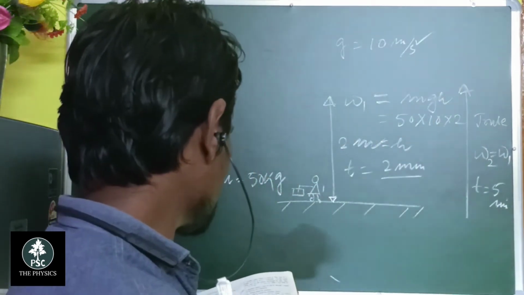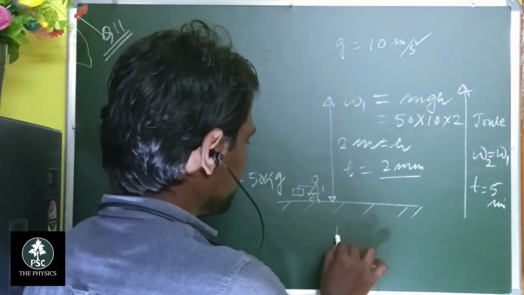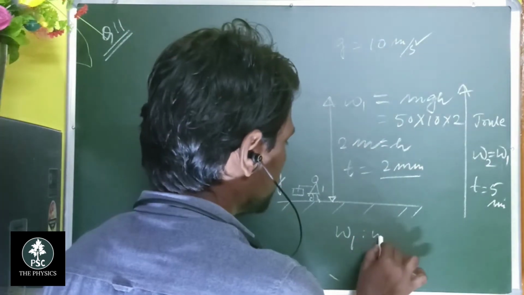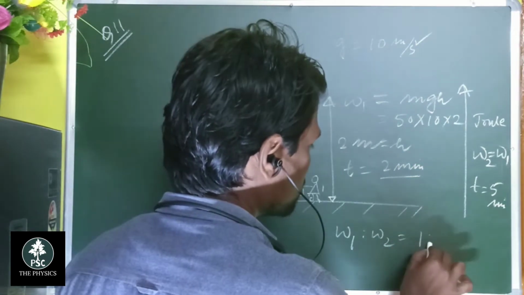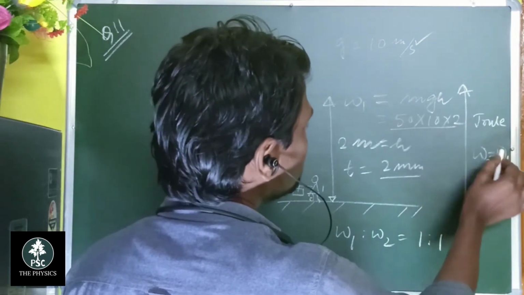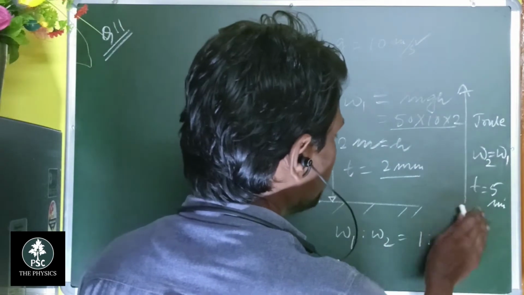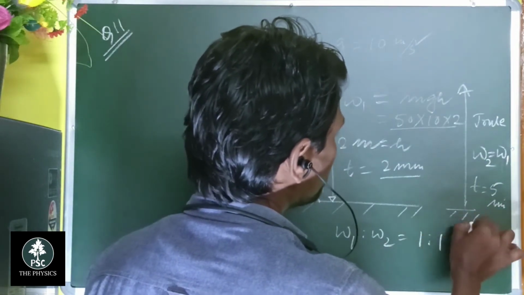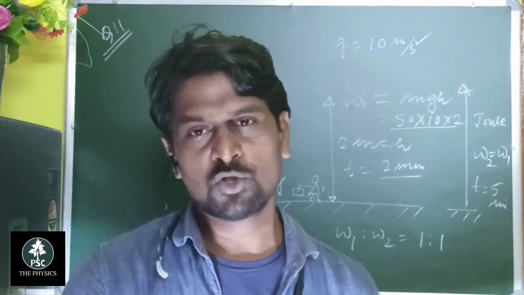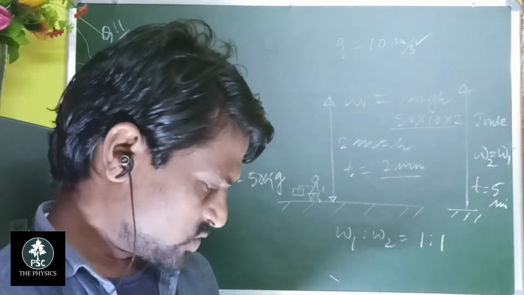So compare the work done. W1 is to W2 equal to 1 is to 1, since the height is the same, the work done is also the same. So the ratio of the work done is 1 is to 1.